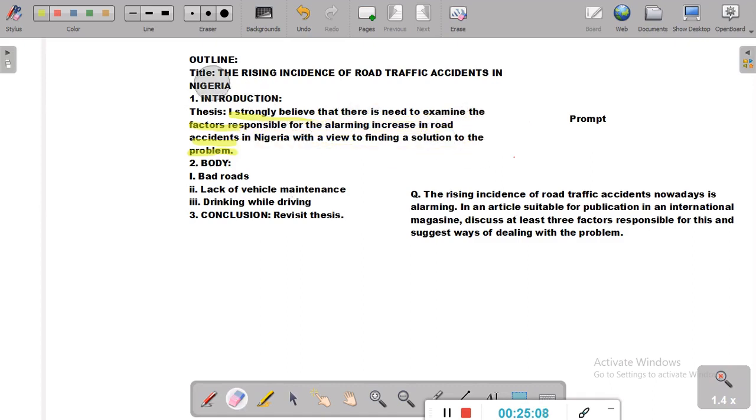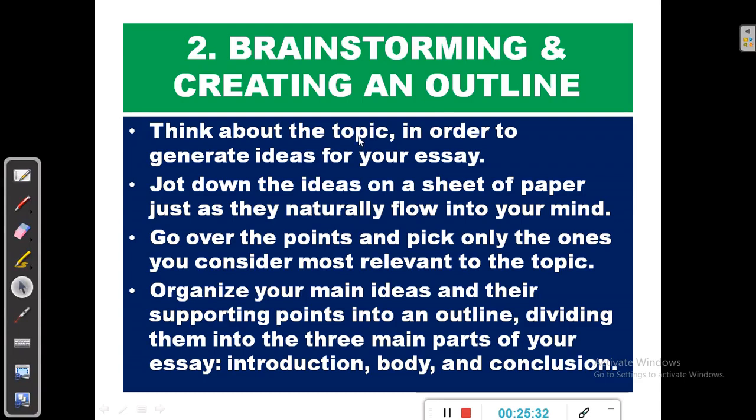And with this now, we've been able to get our outline, and that means that of course we have been able to deal with this particular stage of brainstorming and creating an outline.